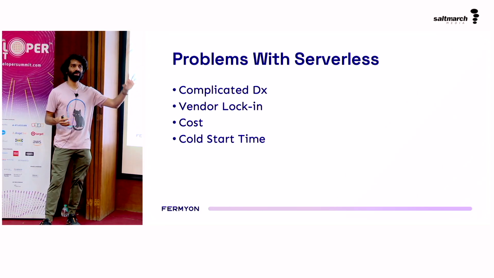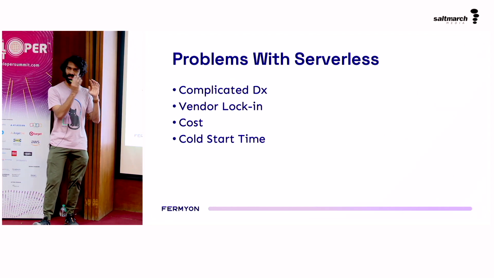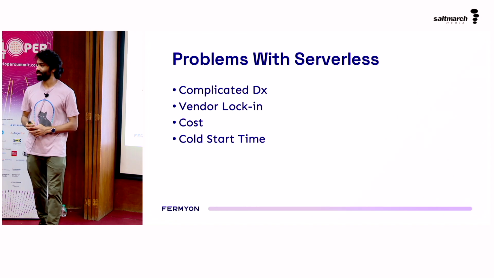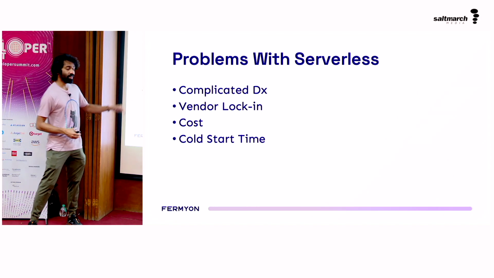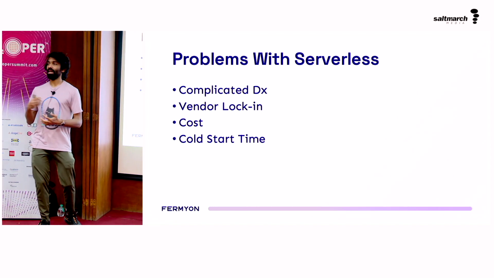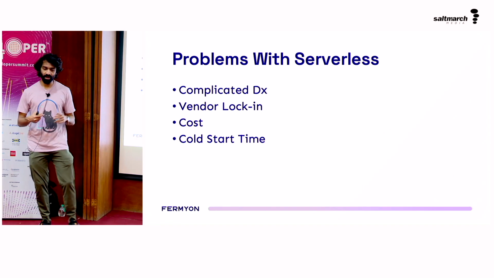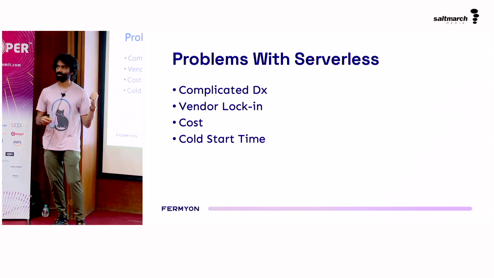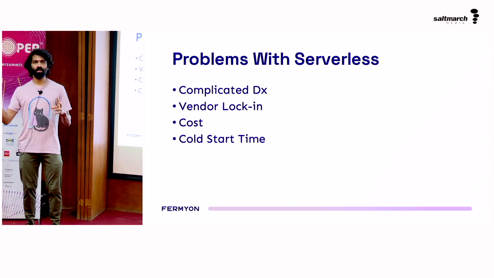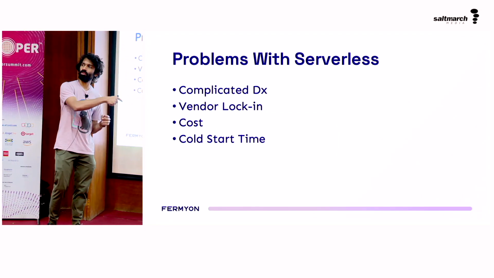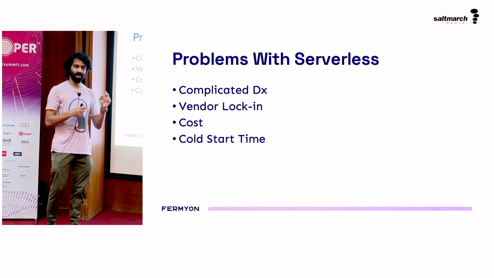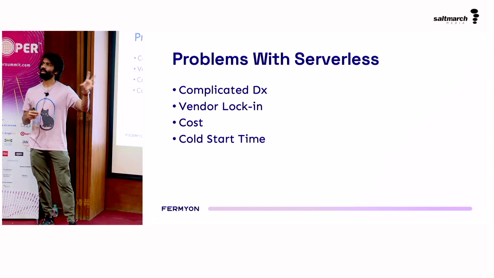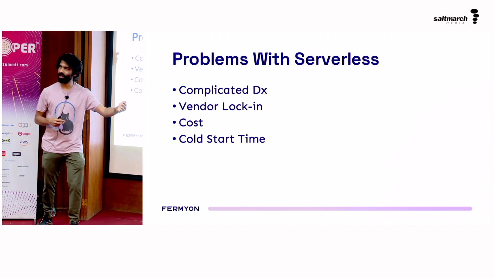If you're using Lambda, your entire serverless stack is AWS and Lambda. If you're using Azure Functions, you're locked into Azure Functions. The third is cost, because this ends up being a little expensive. And serverless has this problem of a cold start time. Essentially, an event happens, you send something to your serverless function, there is a finite amount of time for that function to start and then execute, right?